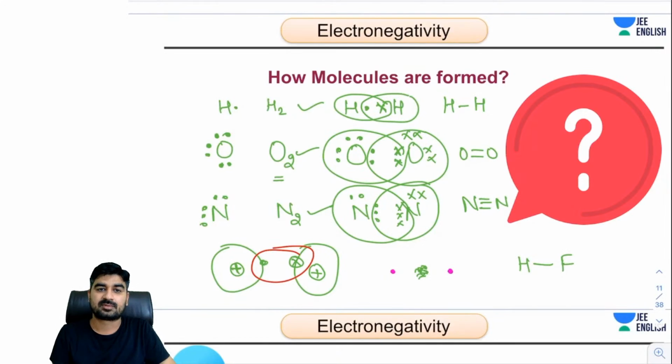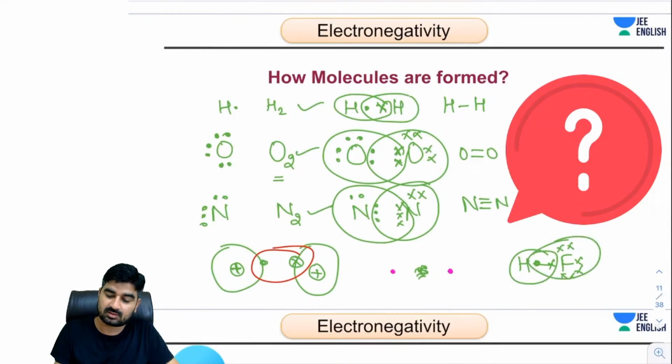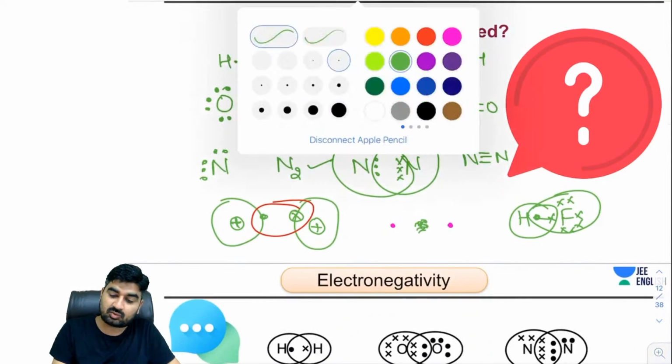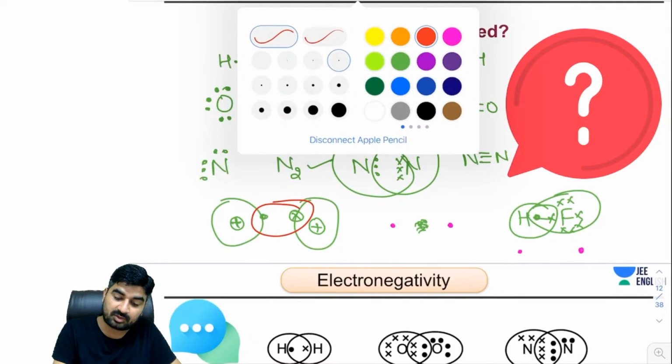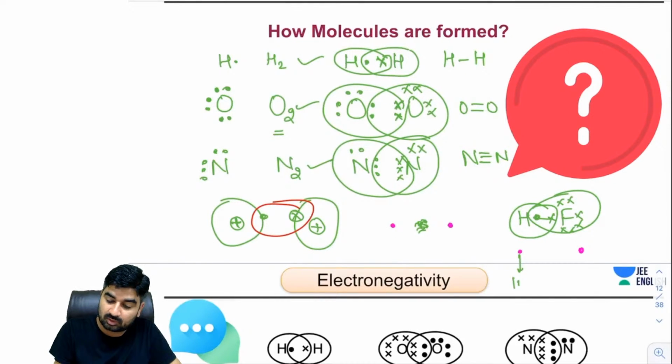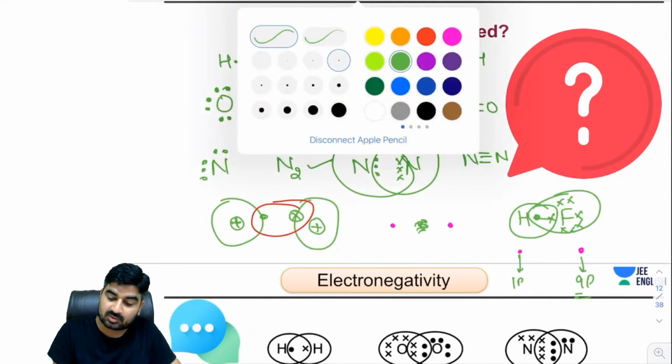Hydrogen has 1 electron, fluorine has 7, like this. So now if I make nucleus of this and nucleus of this, let me tell you one point, and it is a very important point. It has only 1 proton and it has 9 protons, and suppose electrons are here.